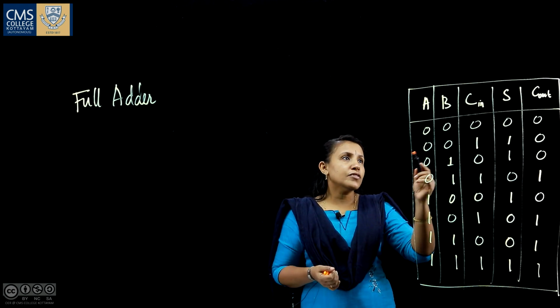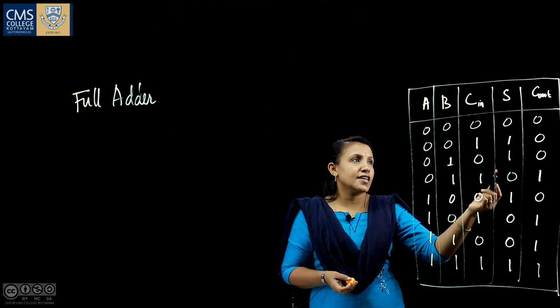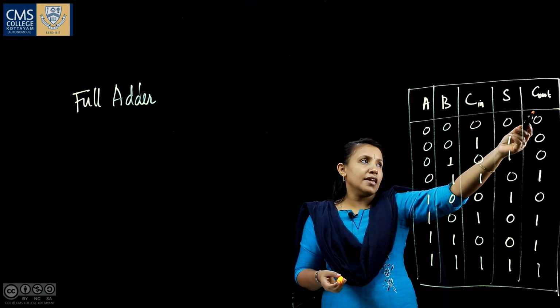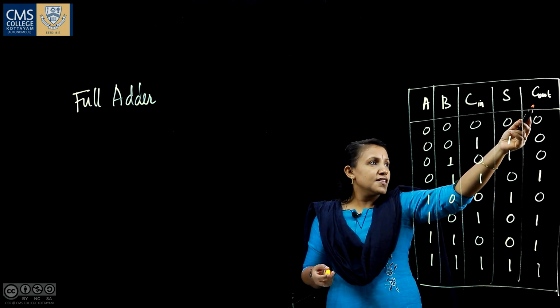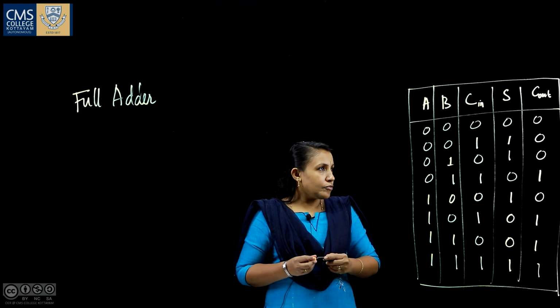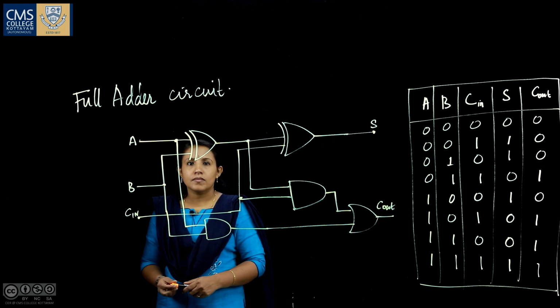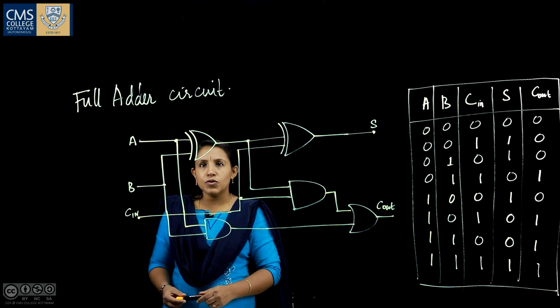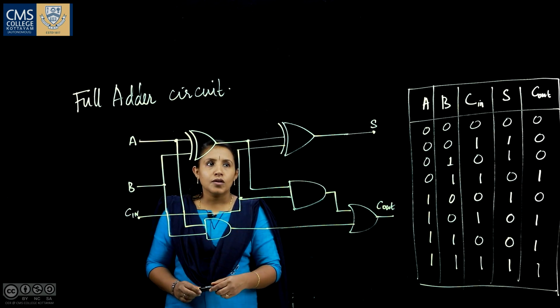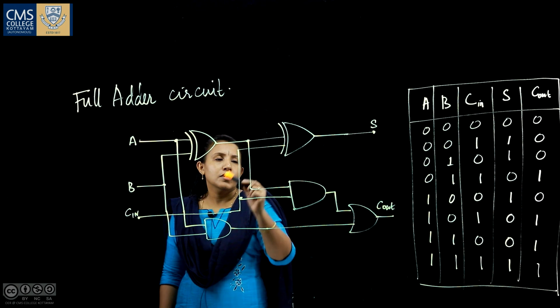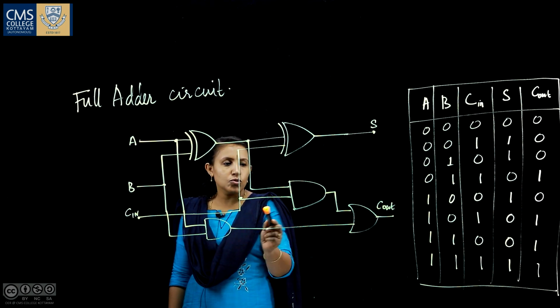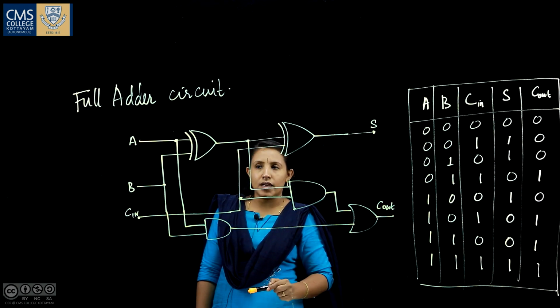If any of the half adders produces a carry, there will be a carry output. Therefore, C out is an OR function of the half adder carry outputs. A full adder circuit can be realized using two XOR gates, two AND gates and an OR gate.